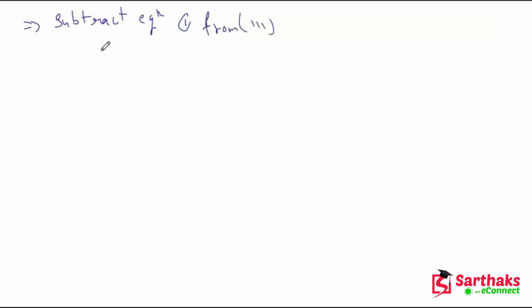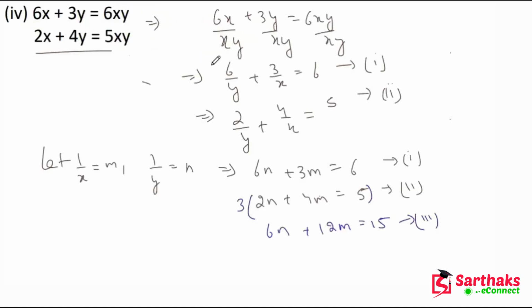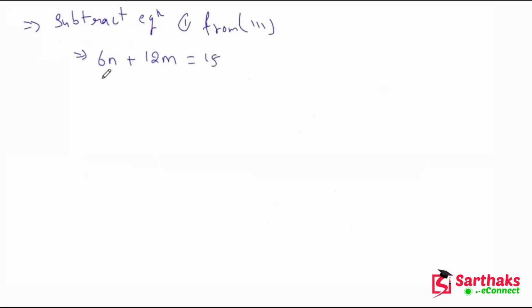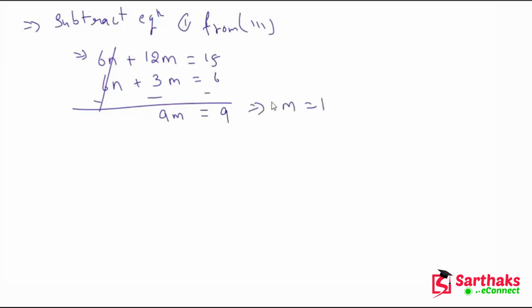Then we have 6n plus 12m is equal to 15, and 6n plus 3m is equal to 6. Now subtracting, the n terms cancel, and we get 9m is equal to 9. Then we have the value of m is 1.